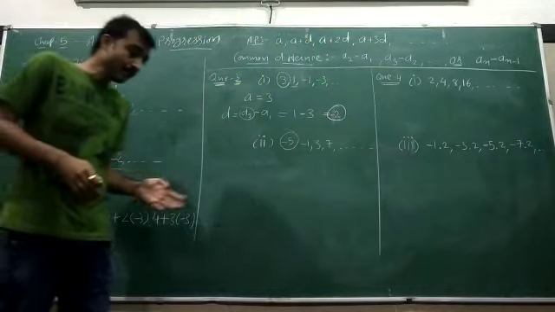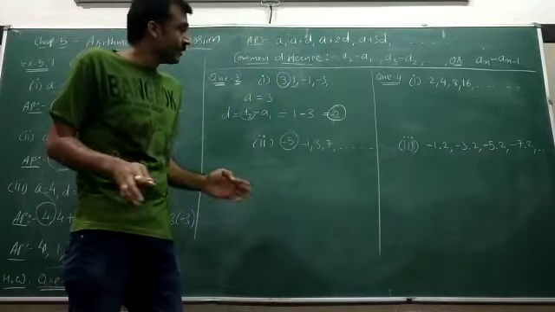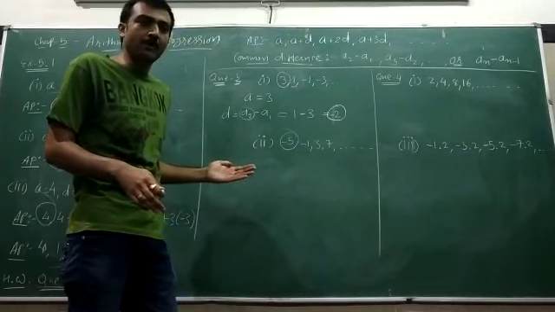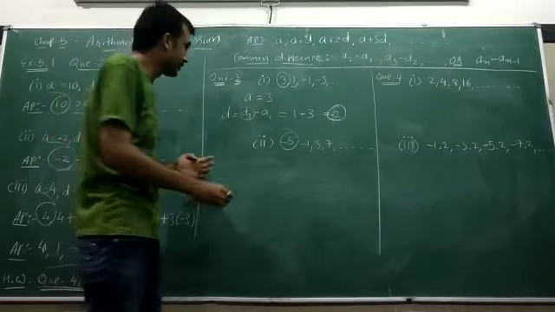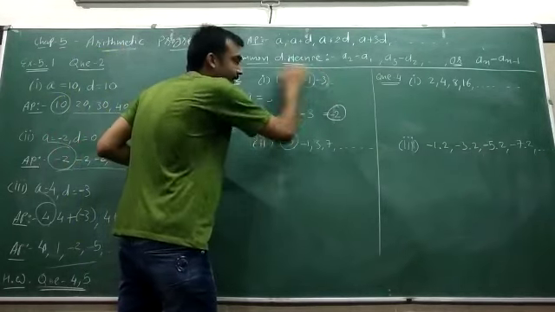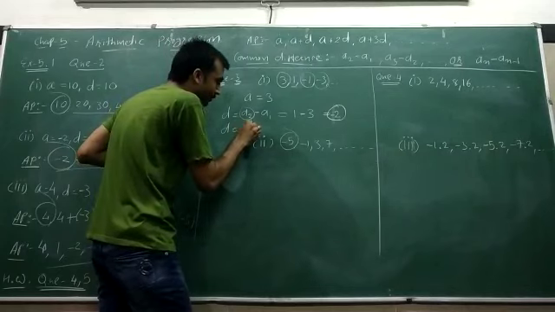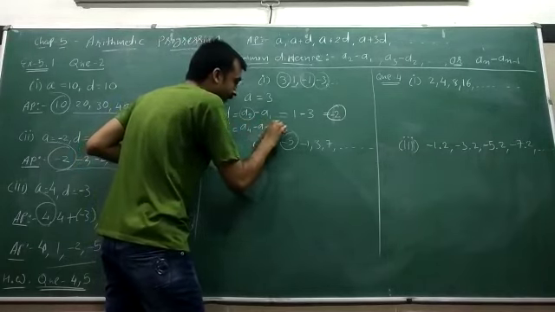Now for an AP, the common difference must be the same for all the numbers. So let us take the common difference for different numbers. Let us write D is equal to A4 minus A3.